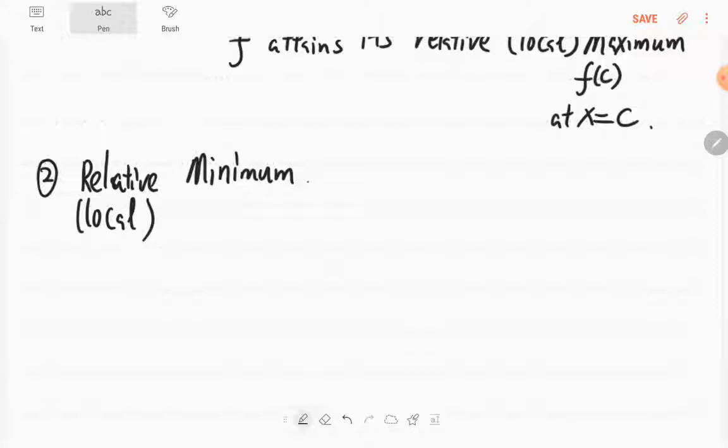So the graph at this point will change from decreasing to increasing, which is the bottom point. Okay, the bottom point.